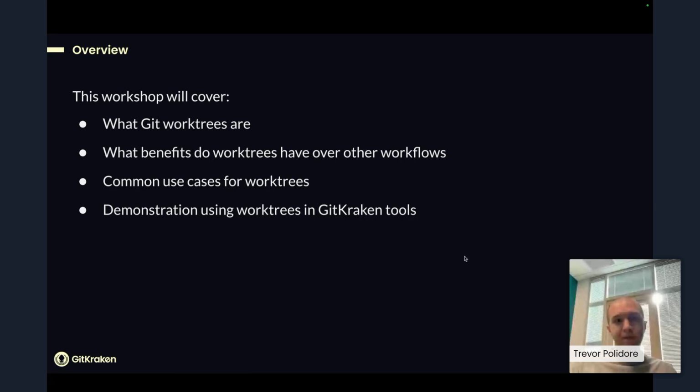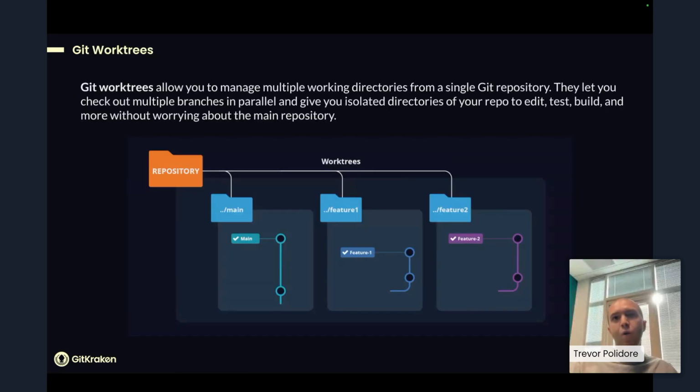So I'll start by talking a little bit about what Git Worktrees are. Essentially, they are independent working directories in Git that allow you to check out multiple branches from the same repository simultaneously. So these working directories are all linked together. That's the main purpose of a worktree, where they're sharing the repository's history and all of the Git data, but there are actually distinct independent working directories where you can have multiple branches checked out simultaneously.